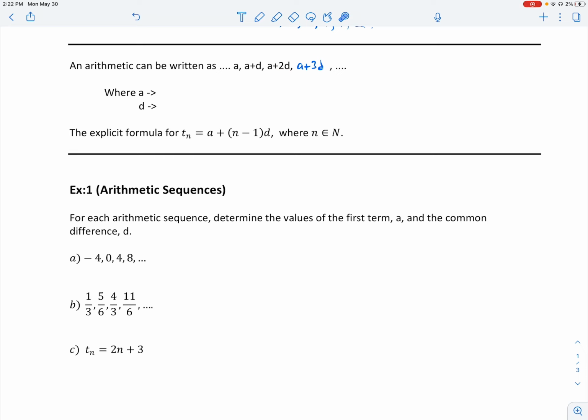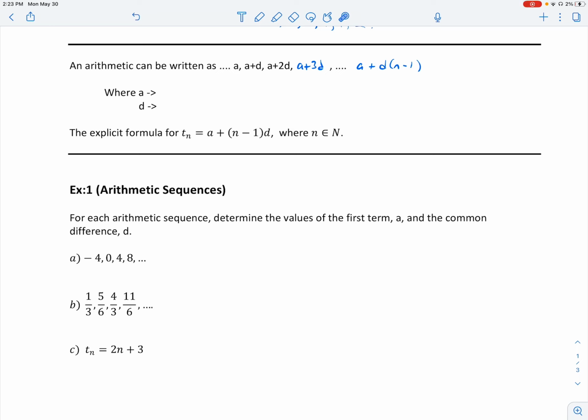This will go all the way up until we have a plus d times n minus 1. This would be the nth term. For the nth term, we would have added d n minus 1 times, because the first one doesn't get a d.